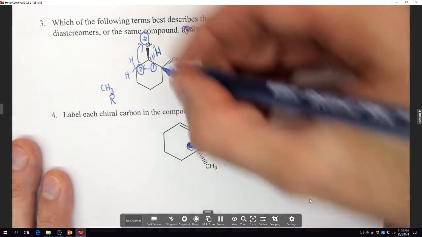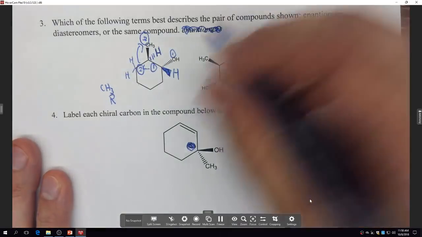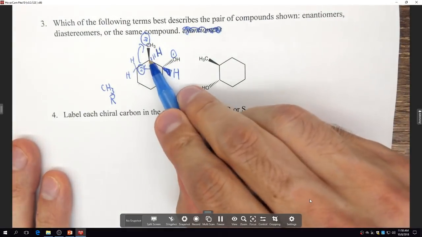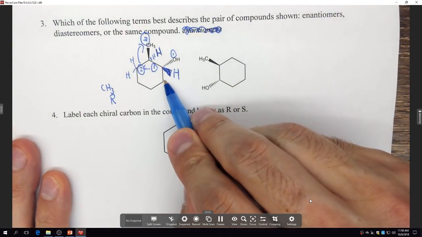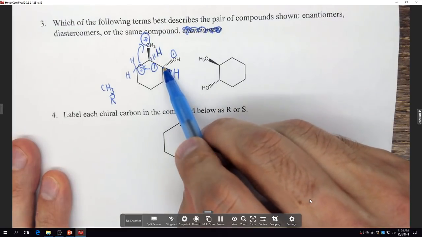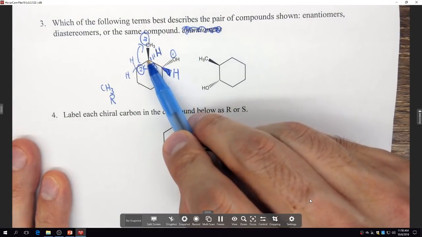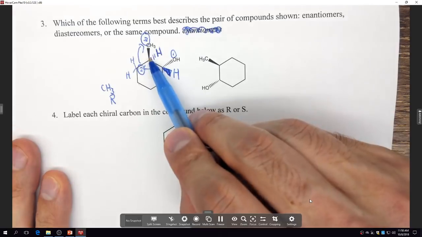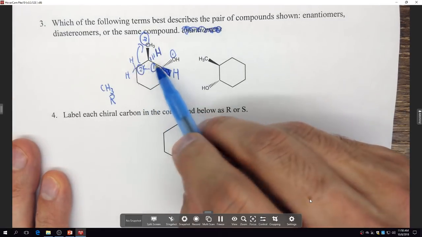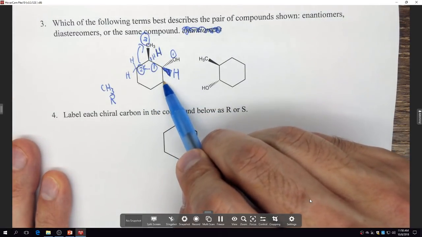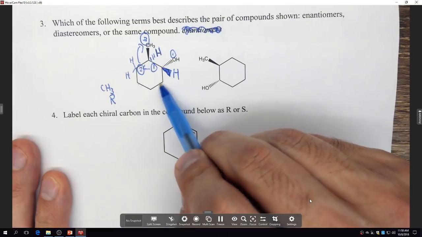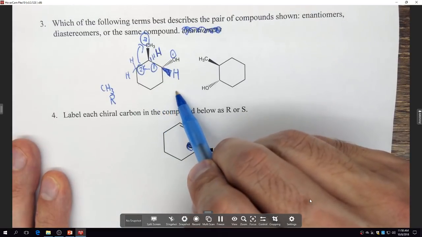Now I have to do the same thing for this carbon. In this case, the highest priority group is the oxygen, because oxygen is heavier than carbon. Now if I go in this direction, I have a carbon, and I can get to 2 other carbons. If I go in this direction, I can get to a carbon, and I can only get to 1 other carbon and 2 hydrogens.